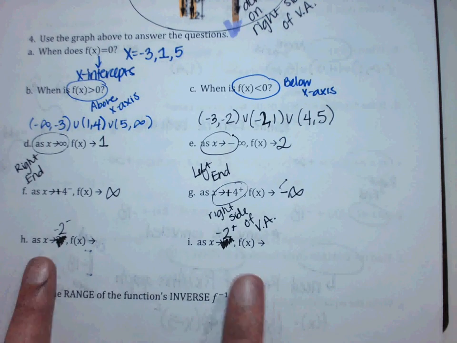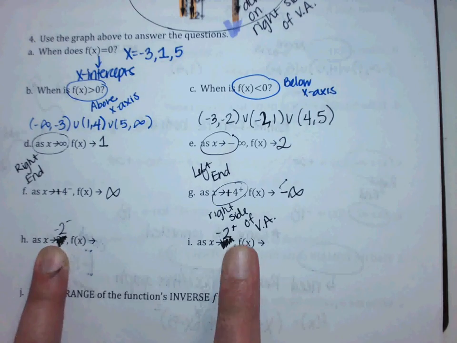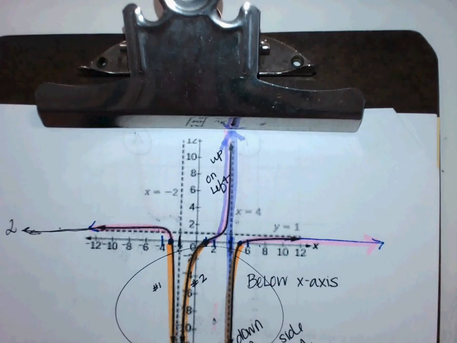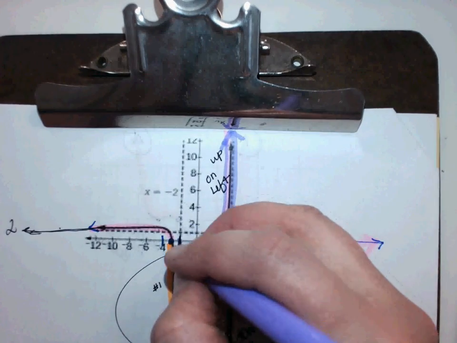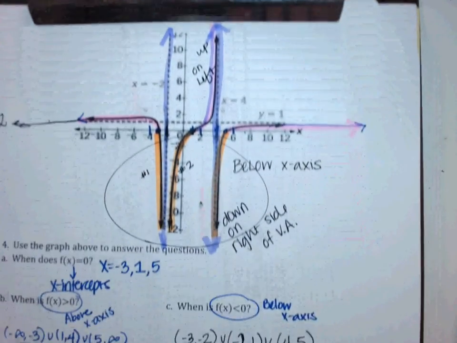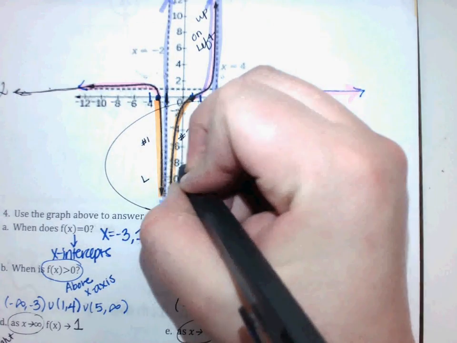Okay, next I want to do the same thing at negative 2. Look at negative 2. Is there an asymptote or am I putting a y value? Negative 2 is an asymptote. So draw it in. It's right here. First, I want to be on the left-hand side of the asymptote. Remember, this is my left side. This is my right side.